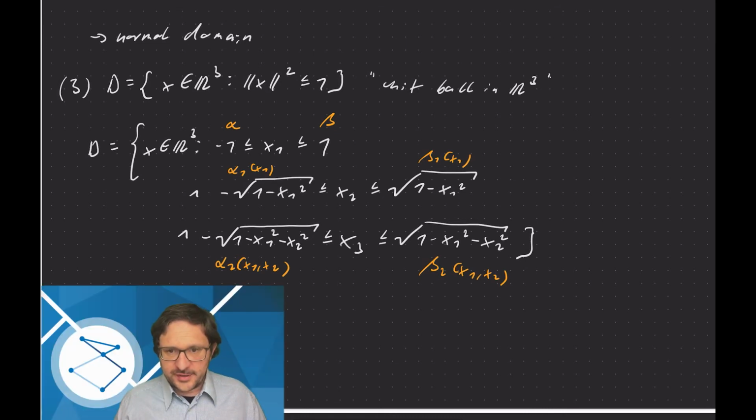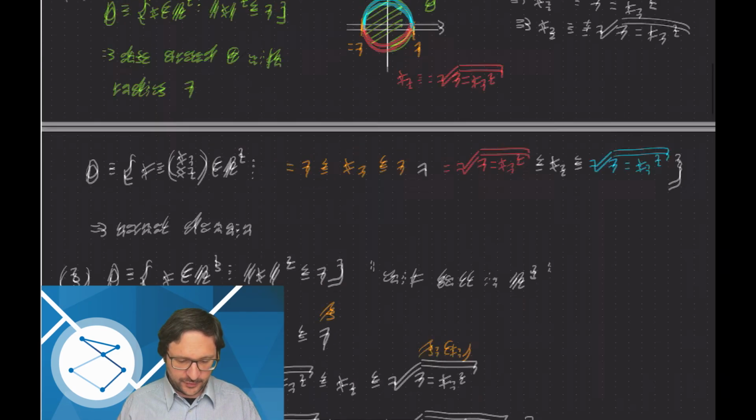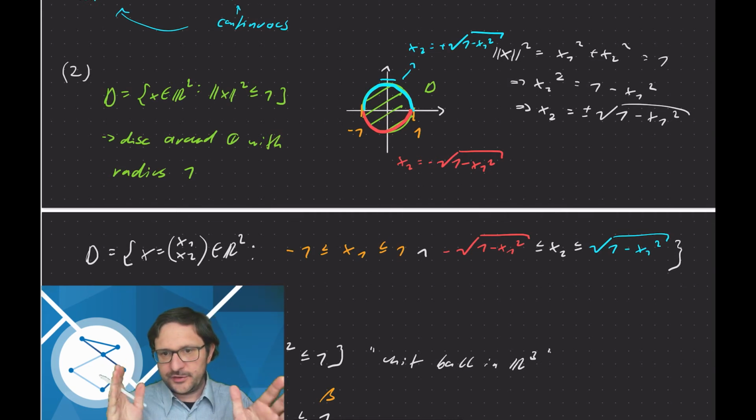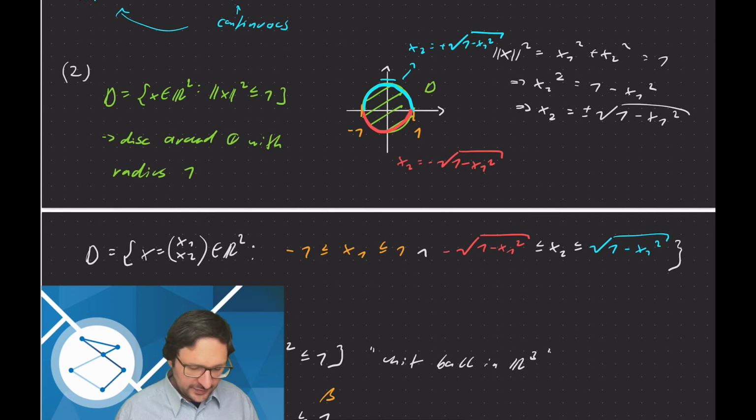Just one thing I'd like to mention here is that the choice of x1, x2, x3 is, of course, kind of arbitrary. You could also start with any other coordinate. For example, for this unit ball in the plane in R2, it doesn't really make any difference whether you start with x1 being bounded between those two values, -1 and 1, or x2.